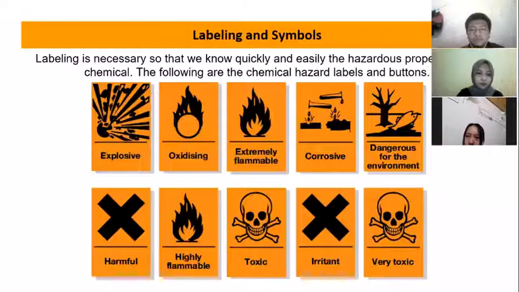Next, label and symbol. Labeling is necessary so that we know quickly the hazard. Explosive: hazard, explosive under certain conditions. Example, ammonium nitrate, nitrocellulose, NC.